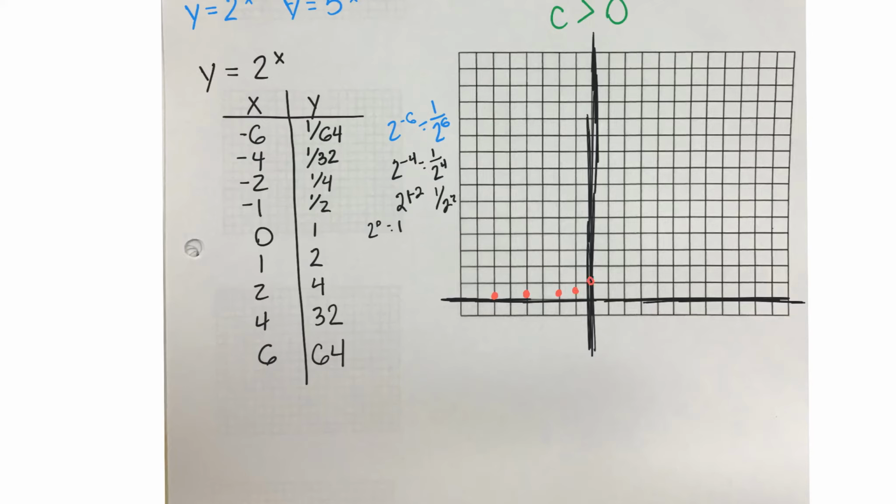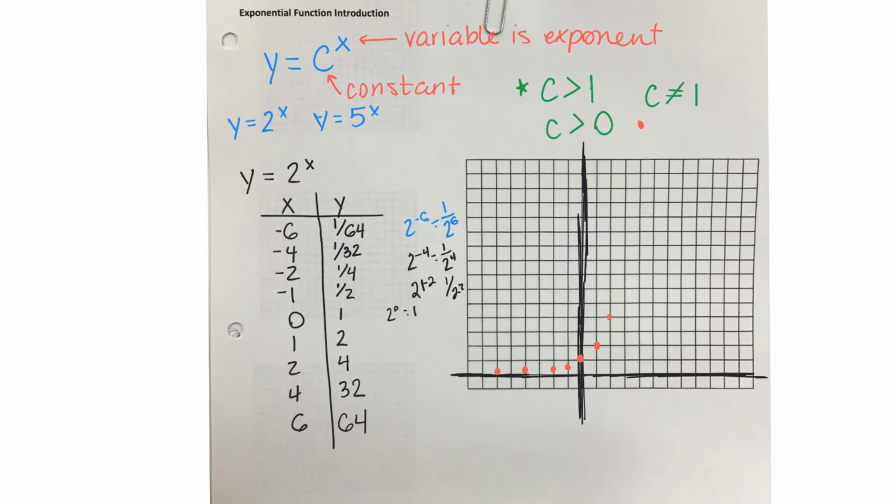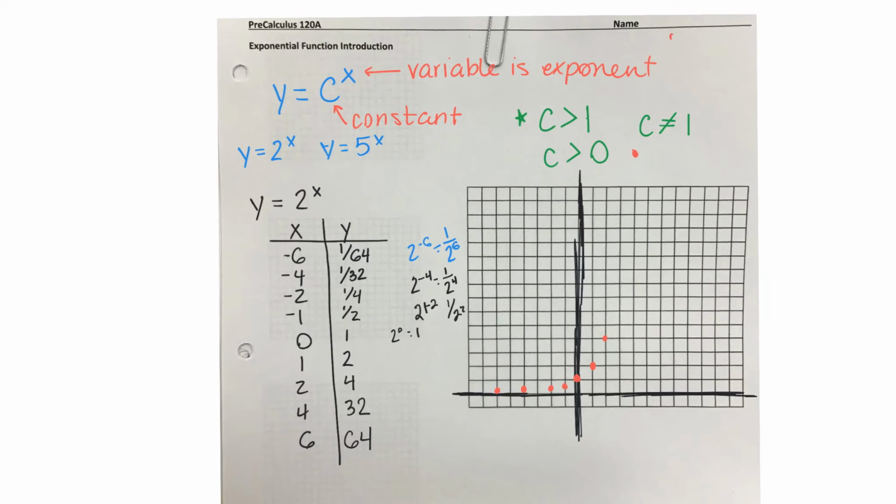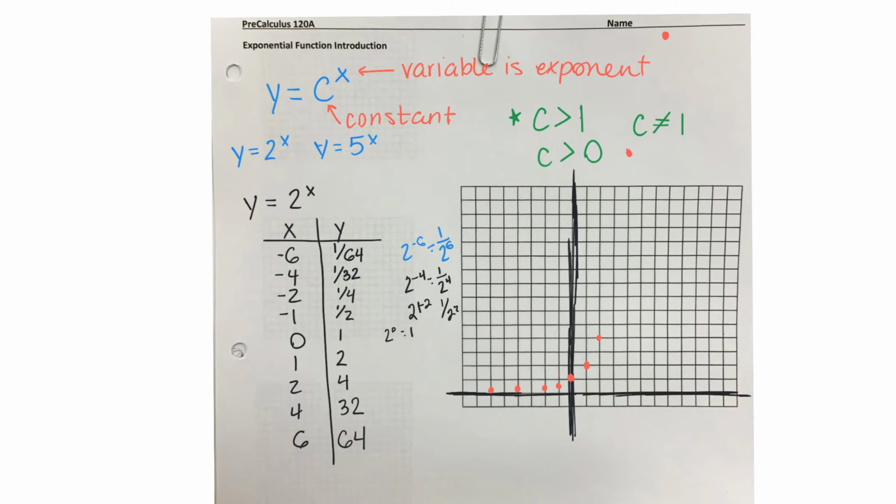And then 0, we're going up to 1. And 1, we're going up to 2. And 2, we're going up to 4. And 4, we're going up to 32. And then 6, we're going up to like 64. Now we've just lost control. All right, so here's our graph.